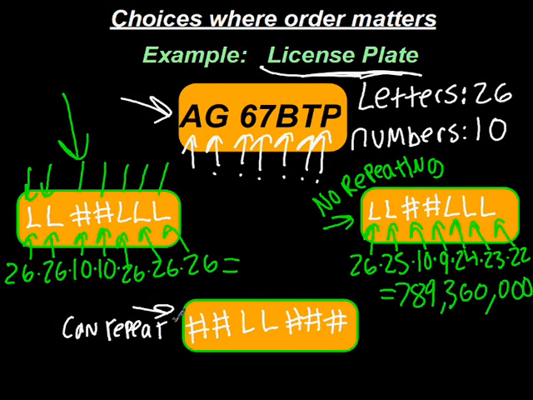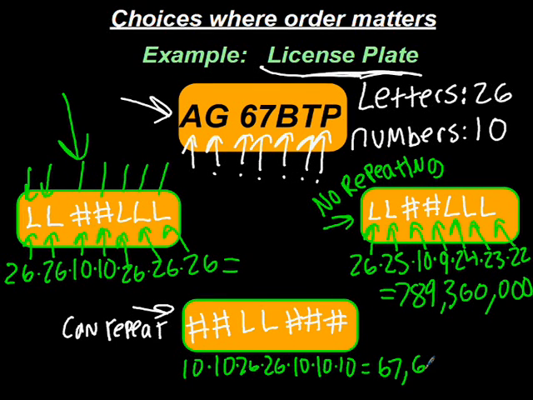So for the first one, we have 10 choices times another 10 choices times 26 choices times 26 choices times 10 times 10 times 10, which ends up equaling 67,600,000 different choices for this license plate.